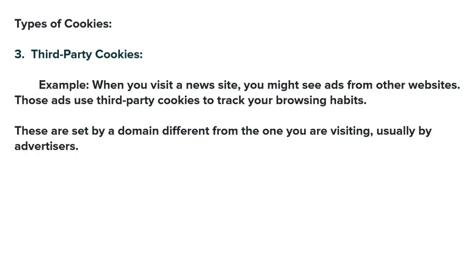They might have added third party cookies which track your online activities whenever you visit that xyz.com. So these are set by a domain different from the one we are actually visiting, and they are usually used by advertisers to advertise their products on websites. These are known as third party cookies.